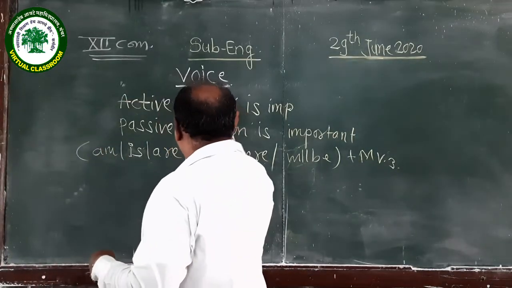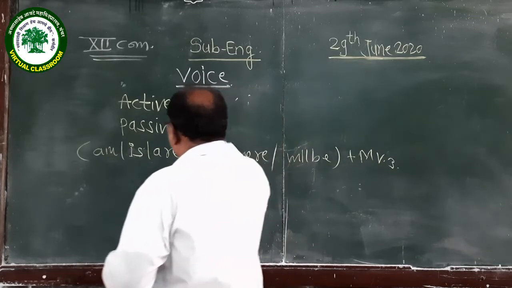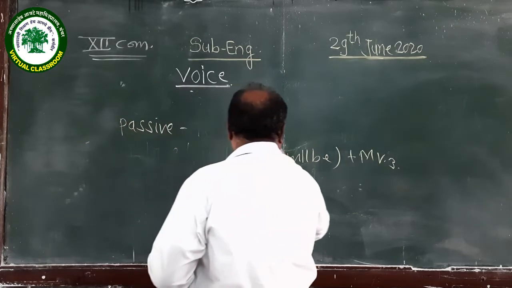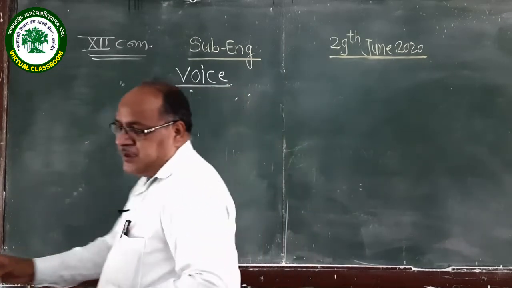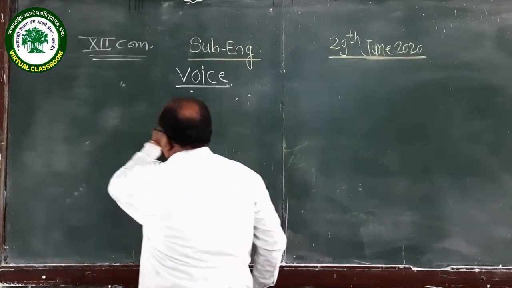Once again, I want to give you some kind of structure. What is the structure of a passive construction in a simple present tense, simple past tense or simple future tense? The structure must be this way.